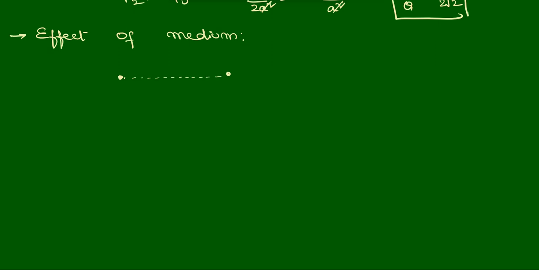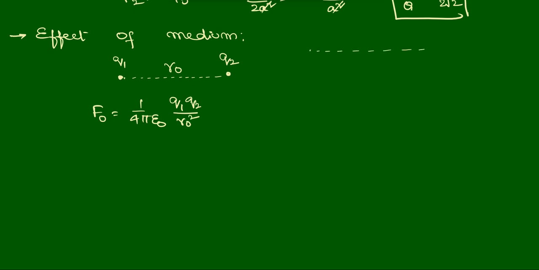Now we'll discuss one interesting application, the effect of medium. If two charges q1 and q2 are separated by a distance r naught, then the force, which I'll write as F naught, will be 1 by 4 pi epsilon naught q1 q2 by r naught square.